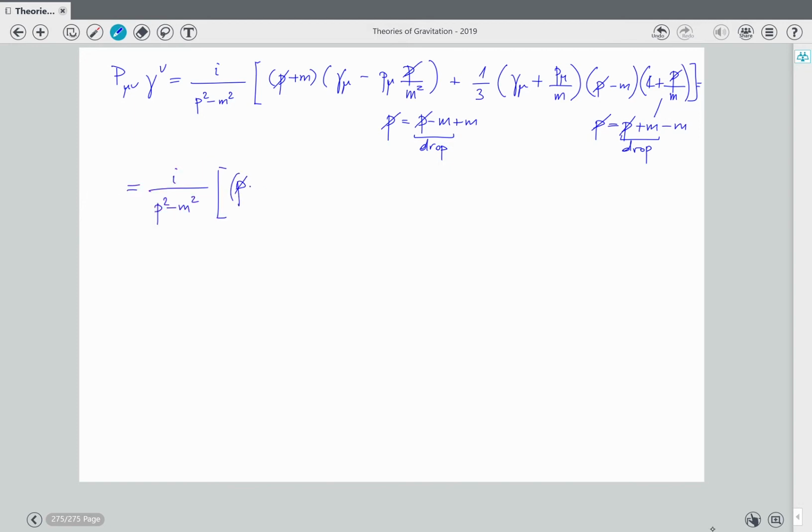So we have (p slash plus m) times (gamma mu minus p mu divided by m) plus 1/3 (gamma mu plus p mu divided by m) times (p slash minus m) times (4 minus m divided by m), so times 3.